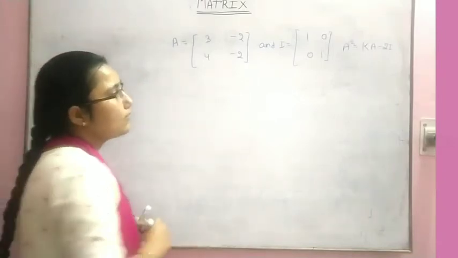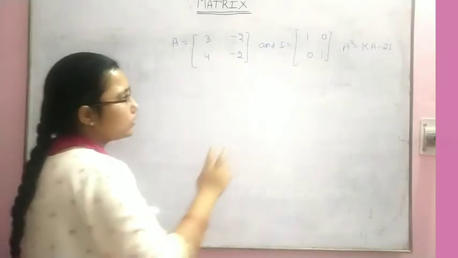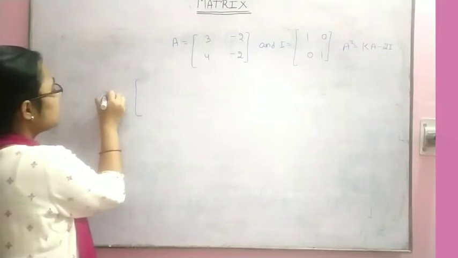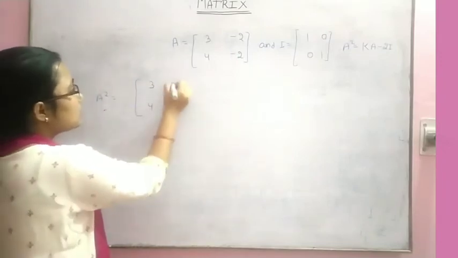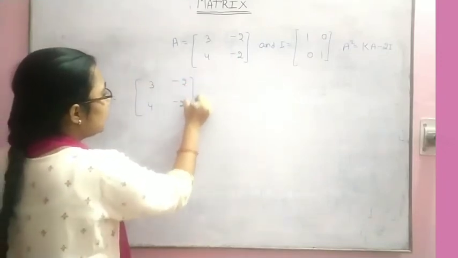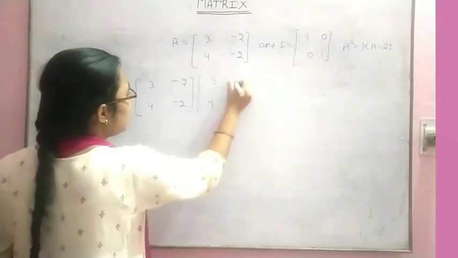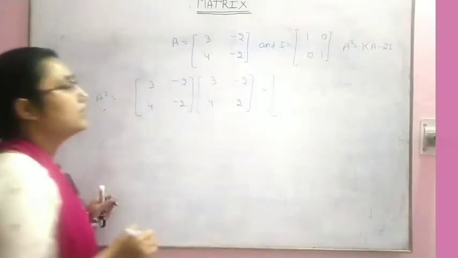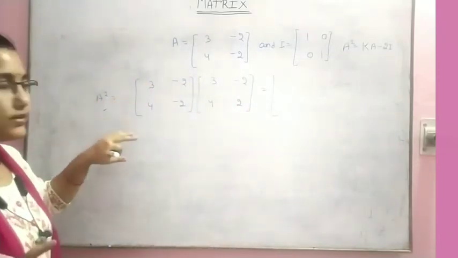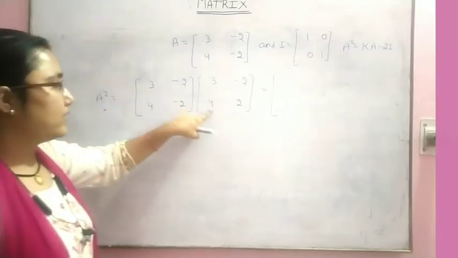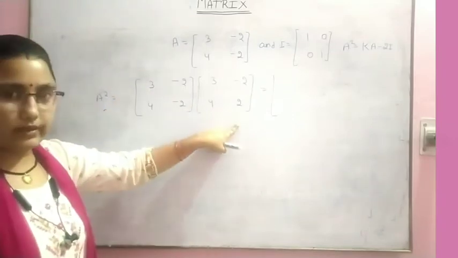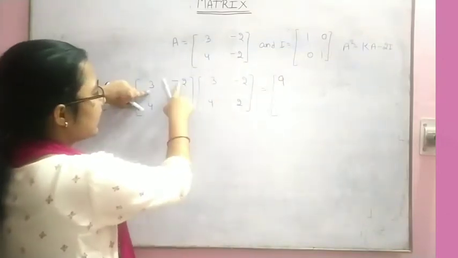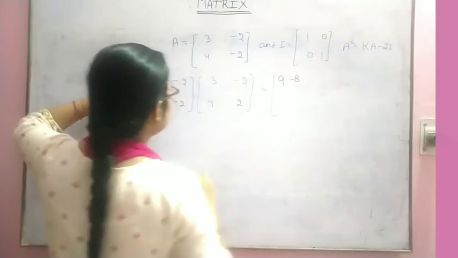So firstly, find out A square and then put the value here. So A square is multiply of A and A. So 3, 4, minus 2 multiply by the same matrix 3, 4, minus 2 and 2. Now we get, according to multiplication rule of two matrices, firstly select first row with first column, then first row with second column. So 3 times 3 is 9, and minus 8.